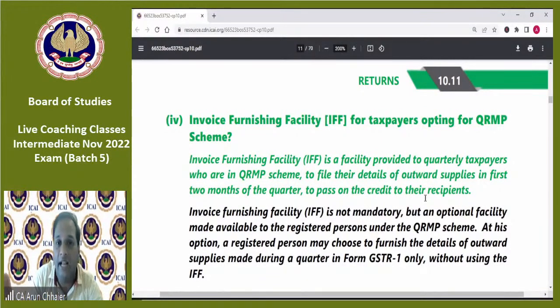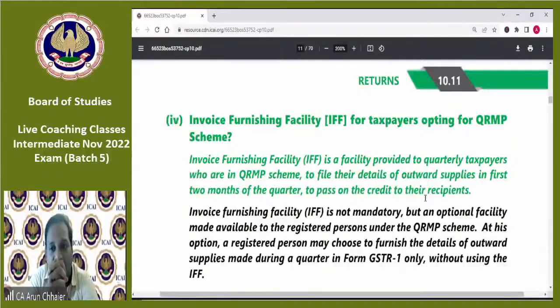But for month 1 and month 2, I have the option to add the outward supply, which is only B2B, by way of the invoice furnishing facility, IFF. The due date of the IFF is the same as the quarterly GSTR1, 13th of next month.